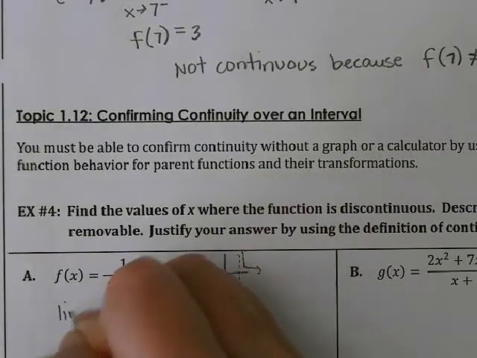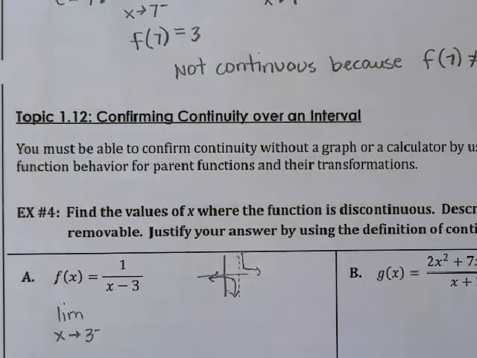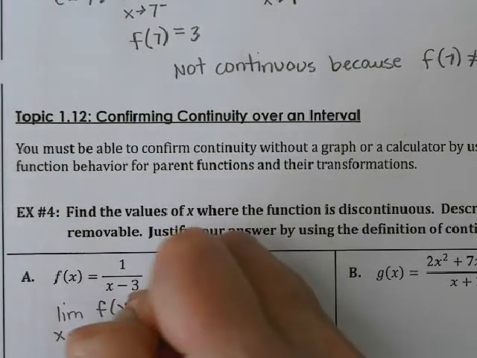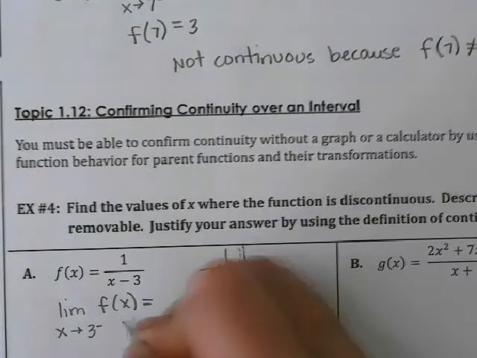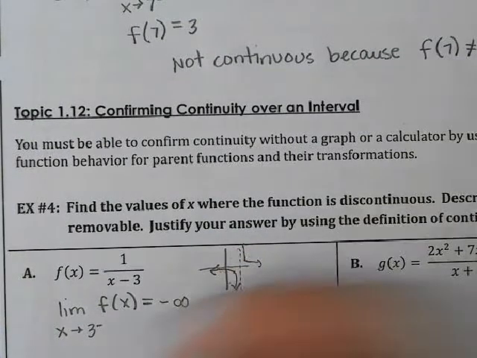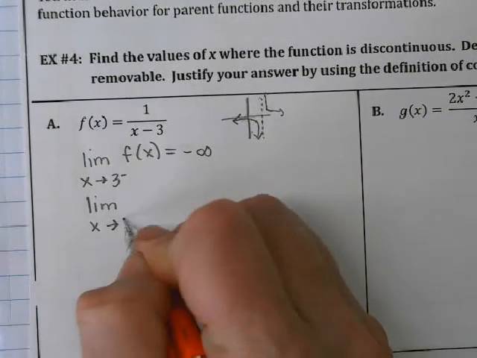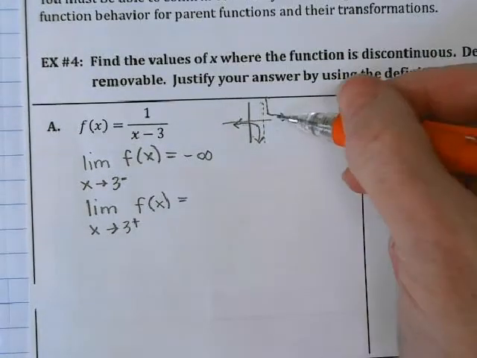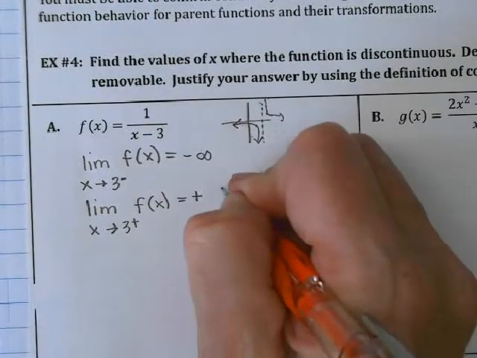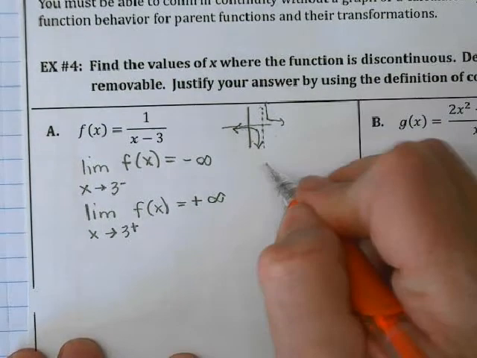Okay, so I know that the limit as x approaches 3 from the left, as I'm coming from the left, is headed towards negative infinity. The limit as I approach 3 from the right equals positive infinity. So right there we know that the limit does not exist.